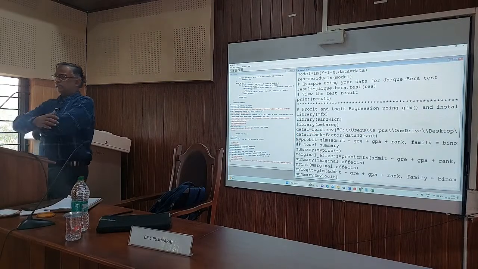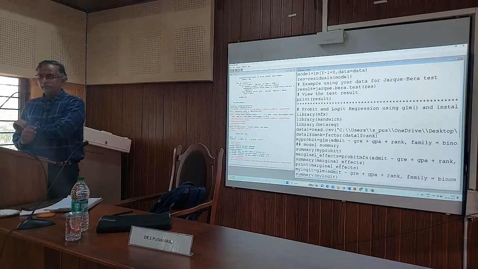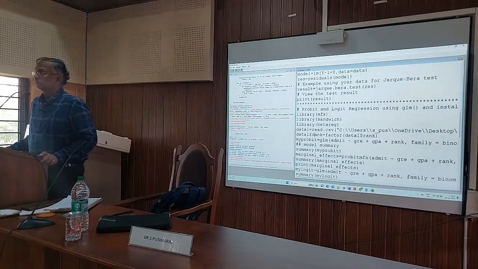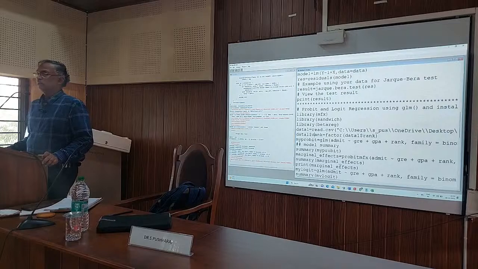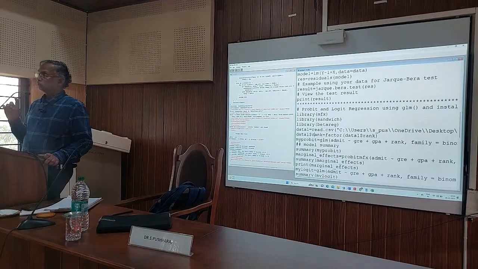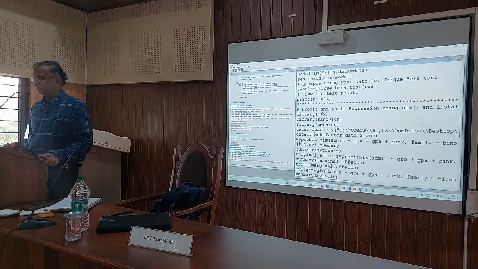Here, we have to define the variables as factor variables. Some of them are factor variables. They cannot be run the way our quantitative, scale variables are. Here, rank is not a quantitative variable. Rank here is a qualitative variable.